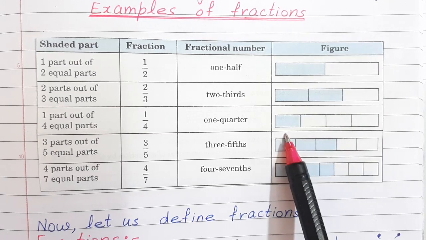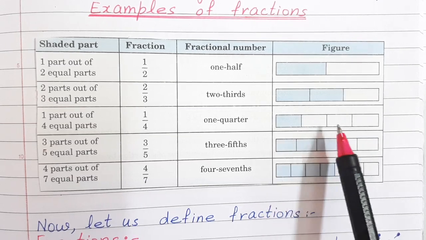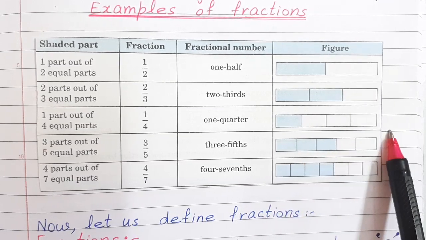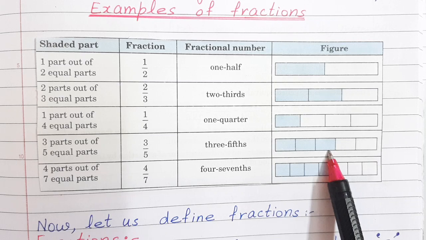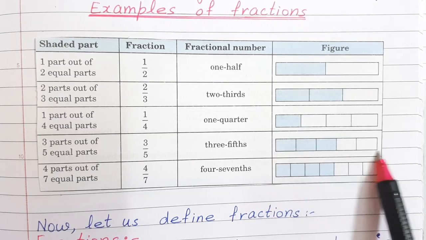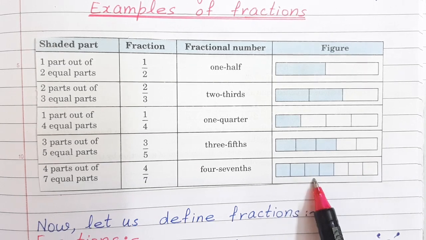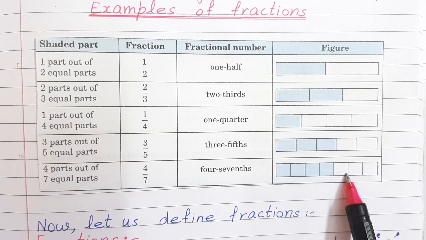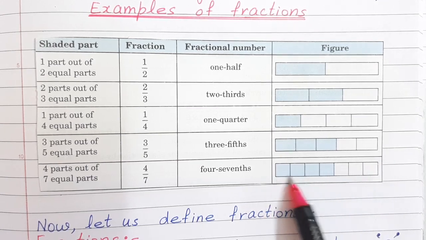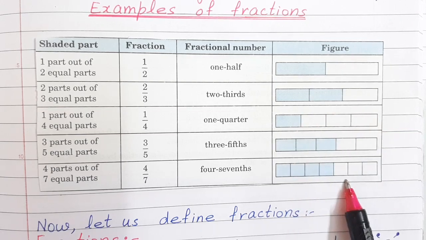That is 1 part is shaded out of 4 equal parts. Then this is 3/5. That is 3 parts are shaded out of 5 equal parts. 4/7. 4 equal parts are shaded out of 7. I hope it is clear to everyone now.